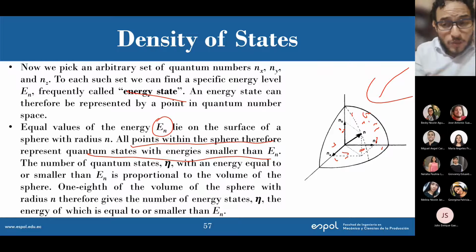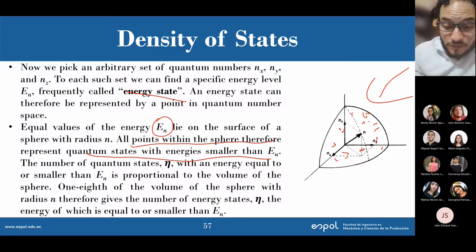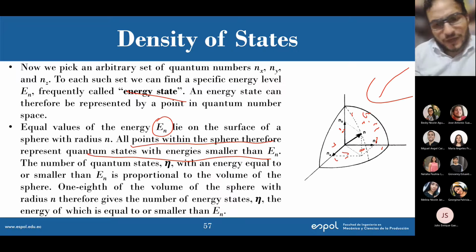Therefore, if you get the volume of the sphere, you can remember, I'm sure, the volume of a sphere is 4/3 of pi times the radius cubed, right? What's the radius of this? Well, it's n, right? We're using n as the radius of that sphere. And it's not a full sphere. Actually, I was saying a quarter of the sphere, but it's not a quarter.